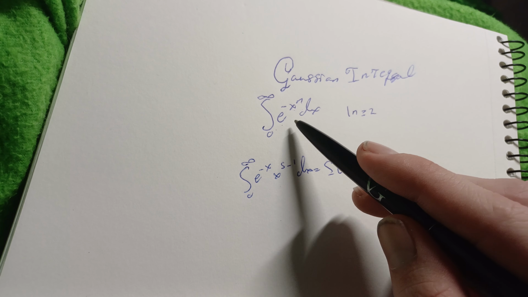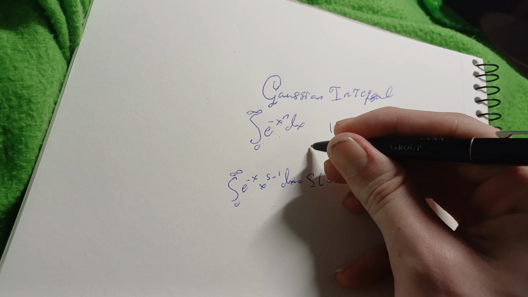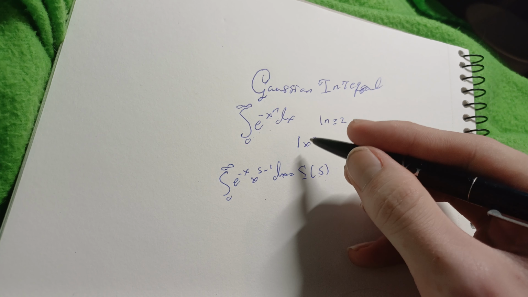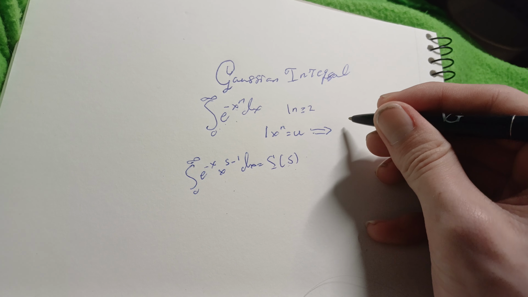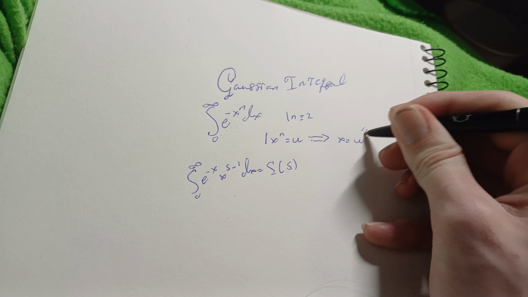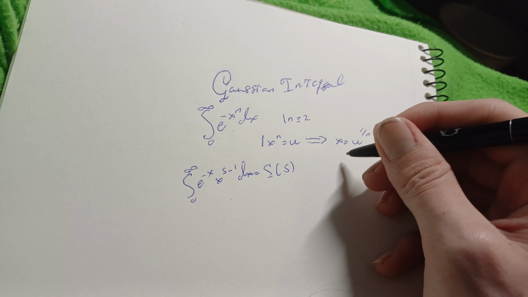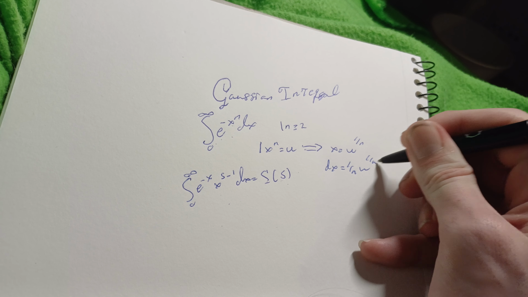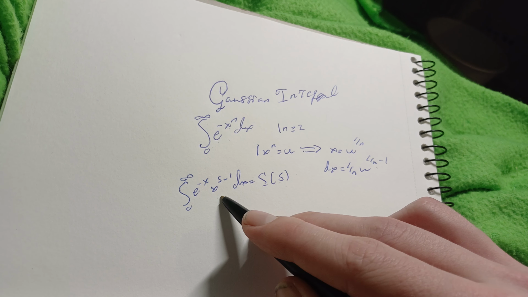How we can get from here to here is use the fact that we can substitute x to the n for u, and the substitution will lead to x equals u to the power of 1 over n, and we'll differentiate both sides, so we get dx equals 1 over n u to the 1 over n minus 1, and this begins to look quite familiar to this.